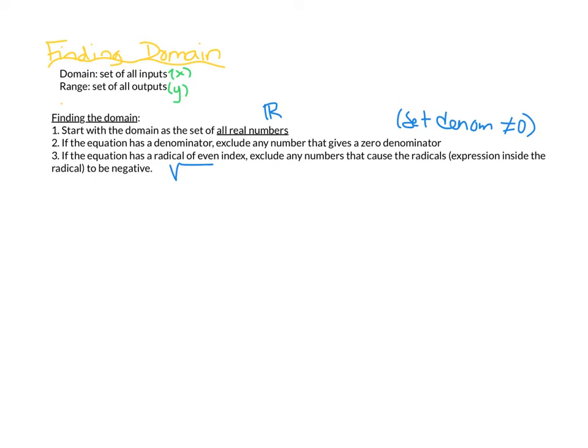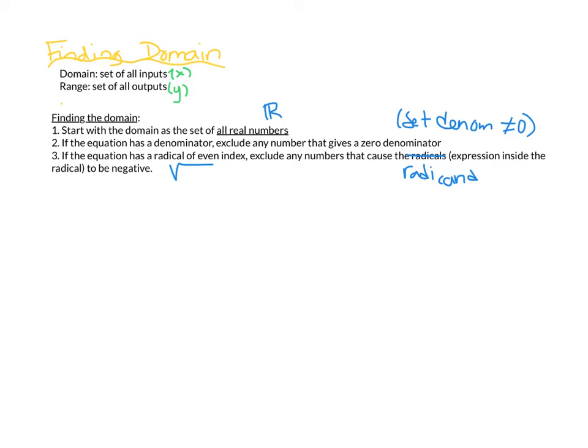So if you have a radical of even index, you're going to exclude anything that can cause the radical to be negative. I just realized that my spelling was auto-corrected. Sorry about that. This should be the radicand. But for some reason, that word is not in the dictionary on this program that I'm using.